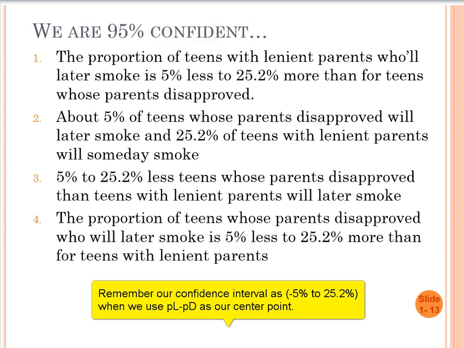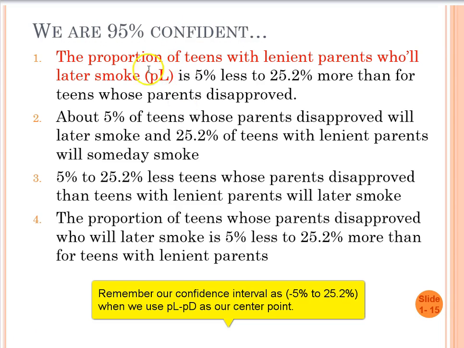To start, we want to make note that the parameters of interest are the proportion of teens who will later smoke. We've separated this into 2 groups, those with lenient parents and those with strict parents. So you can see here in this first statement, the proportion of teens with lenient parents who will later smoke, that's what we've designated as PL.